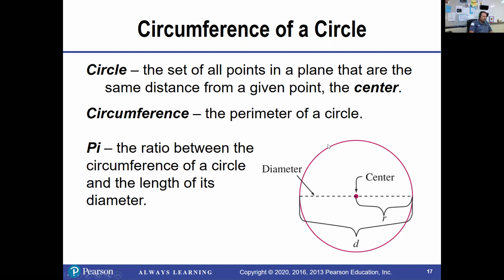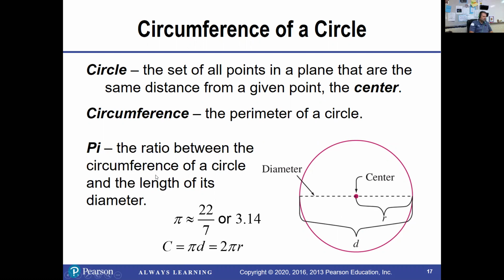Do not forget that if this is the radius, the diameter is 2 times the radius, and the circumference is pi times diameter, or 2 pi r. Either one of these formulas works. Now pi is a number.